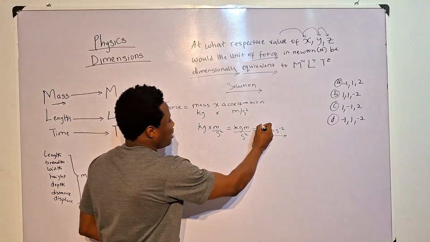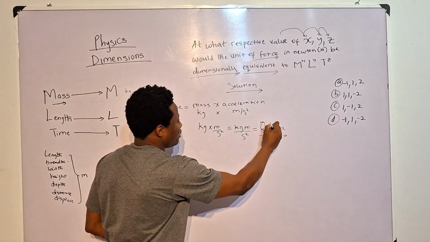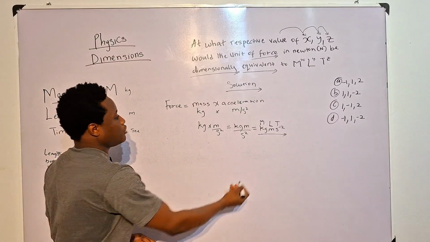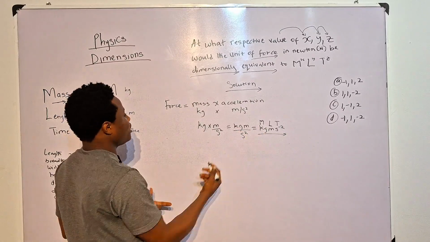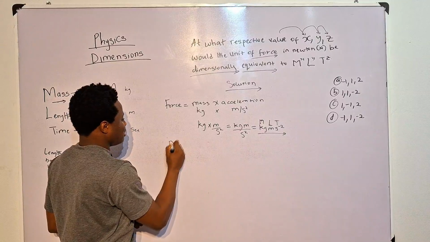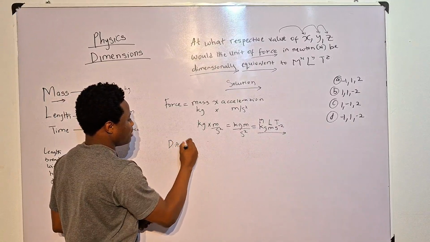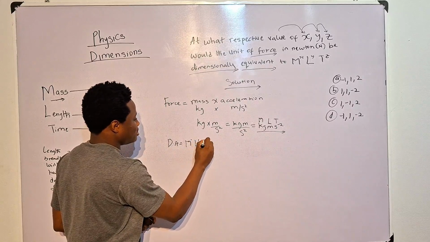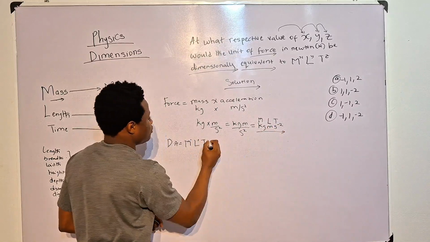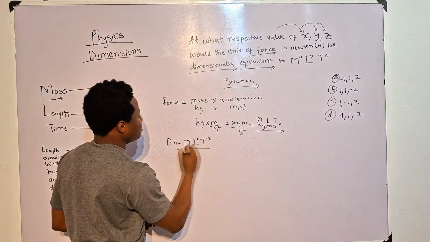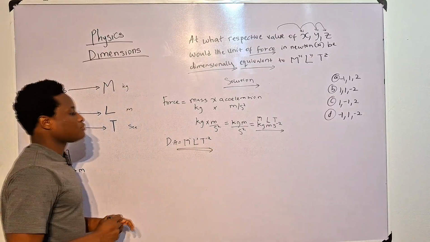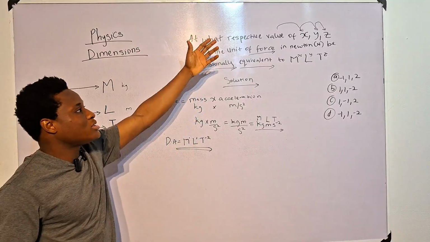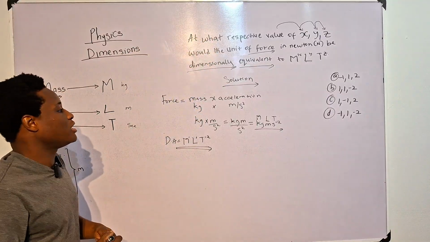So we have M, L, T. Putting it back in, the dimensional analysis for force is equal to M raised to power 1, L raised to power 1, and T raised to power minus 2. So this is the dimensional equivalent of force.